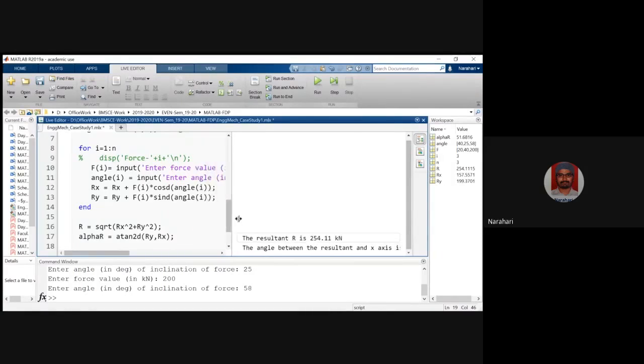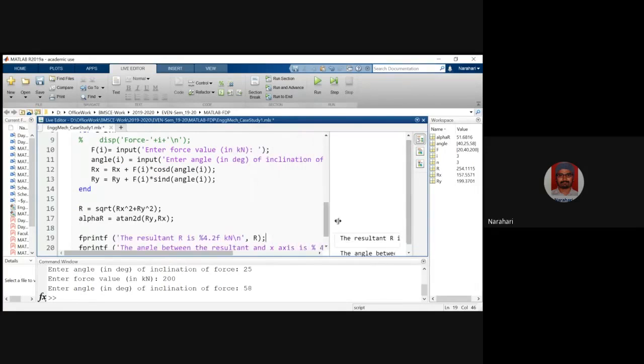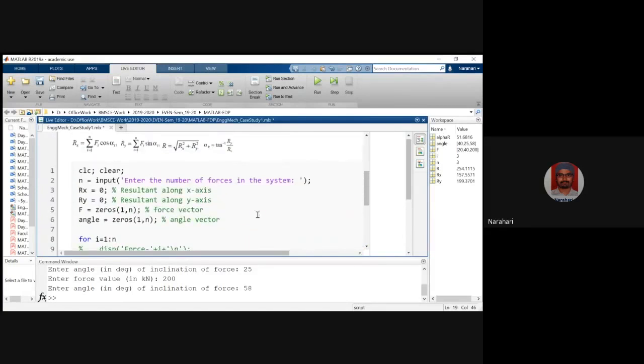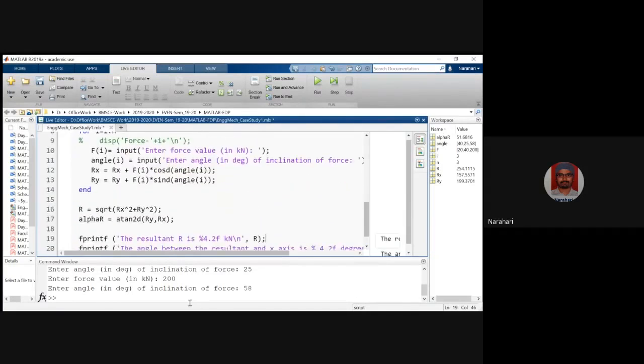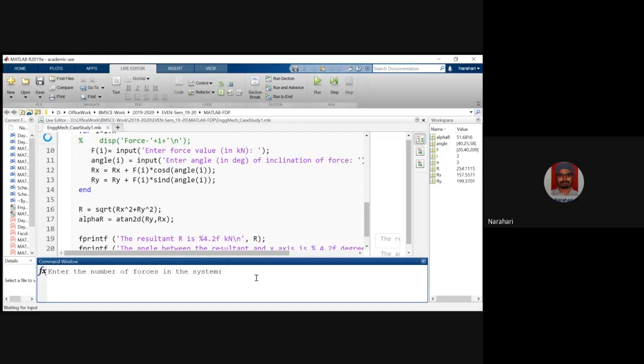Very simple code. You may ask, what is the big deal here? Well, there is actually nothing big. It is just that we have not seen how to put a simple engineering mechanics problem into simple code. We can run this particular code again. We can give any number of forces now. This code has been written so that you can take any forces. So you can give 10, 30, then 20, 35, 30, 40, 40, 45.